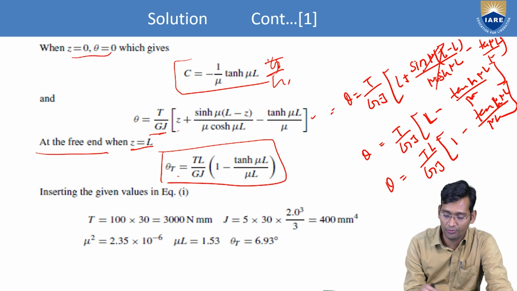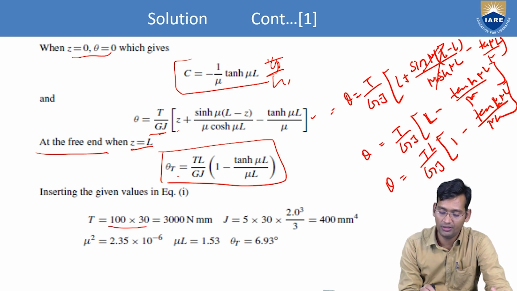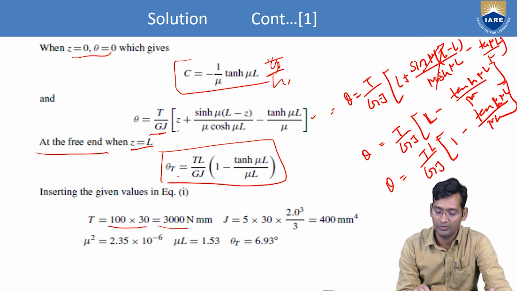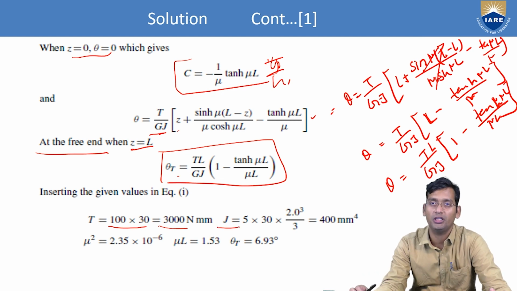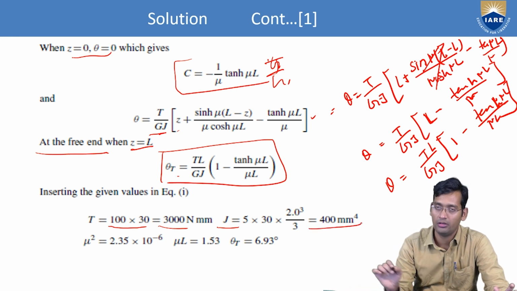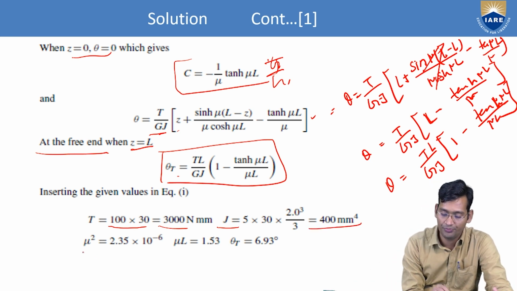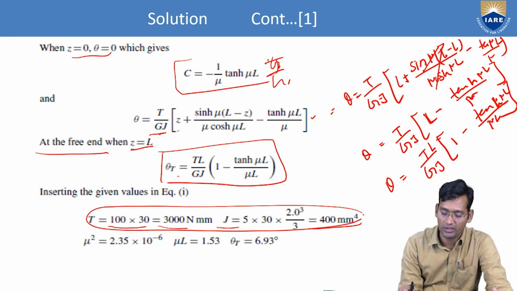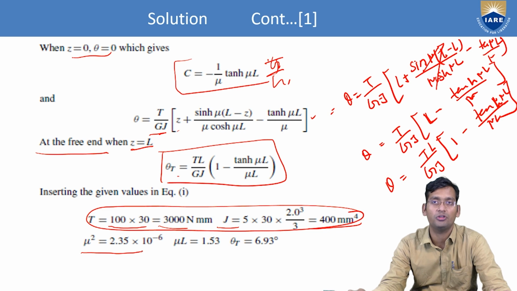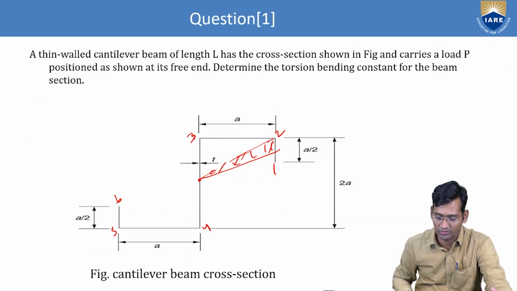Okay, so now T is what? 100 into 30, 30,000 Newton mm. J is 5 into 30 into 2 cube by 3, that gives 400 mm to the power 4. After substituting this, what will we get? Mu square as 2.35 into 10 to the power minus 6. Just substitute the value that is given here.